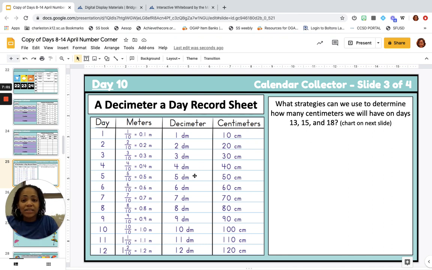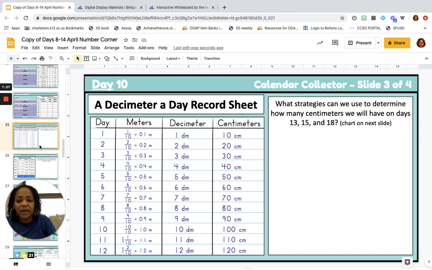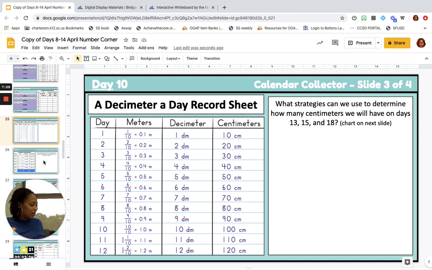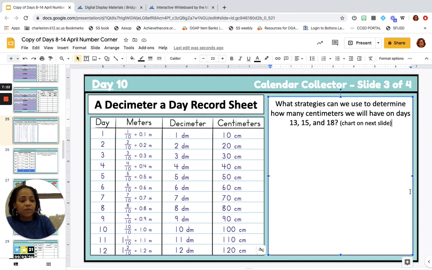So now my question is, we have all our information. How are we going to use that to figure out how many centimeters we're going to have on day 13? Did somebody say we're just multiplying by 10? You're right. So on day 13, we would have how many centimeters?